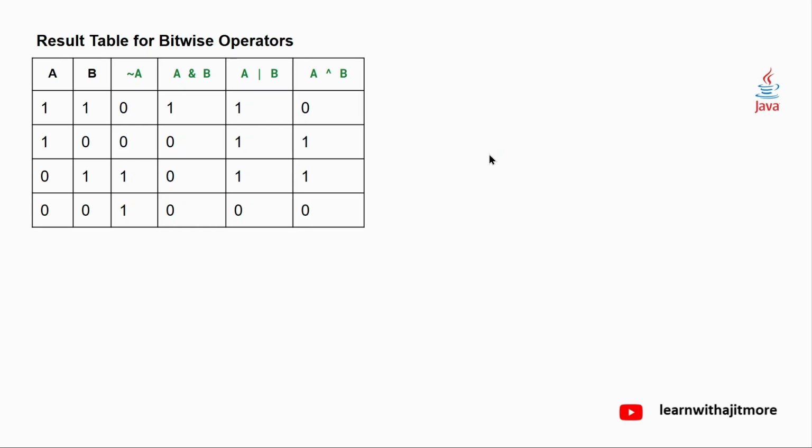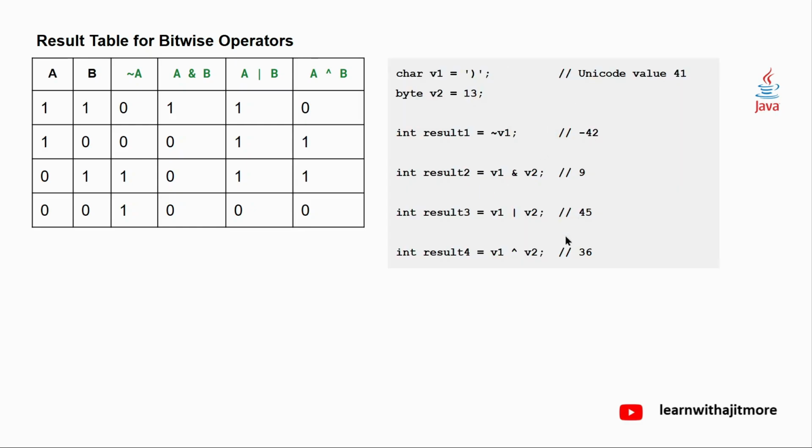And then ending or example also we'll see. So quickly we'll take this example. Can you study the examples? First, it is char V1 equal to single quote round bracket.